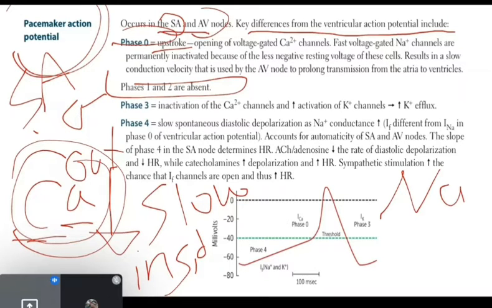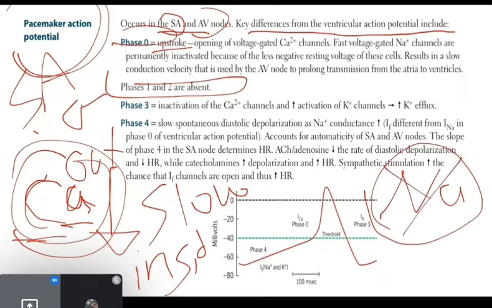So the SA node and AV node want this signal to be slow. And if the signal is slow, it will have more time to fill the ventricles. That's why it will start with calcium channels rather than starting with sodium channels.